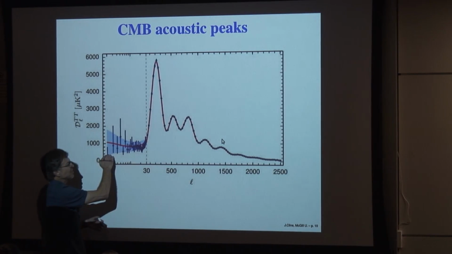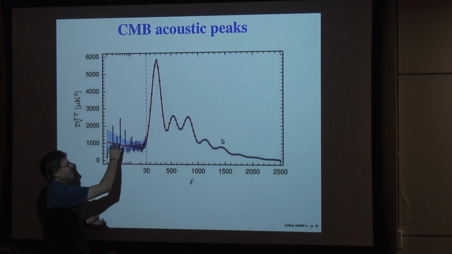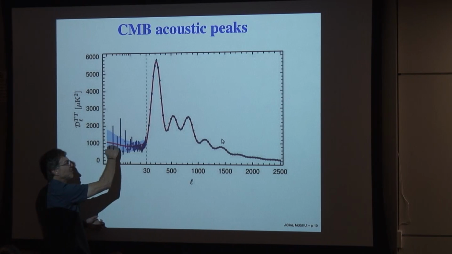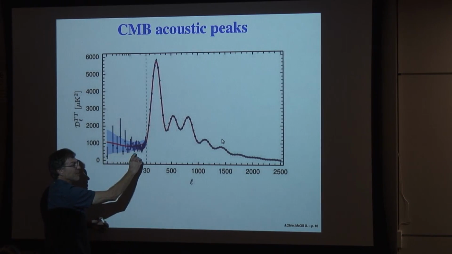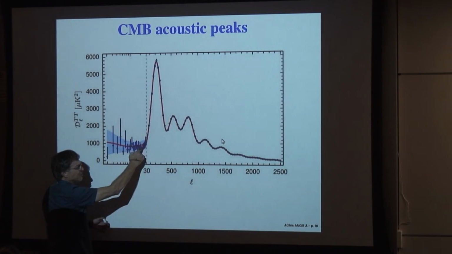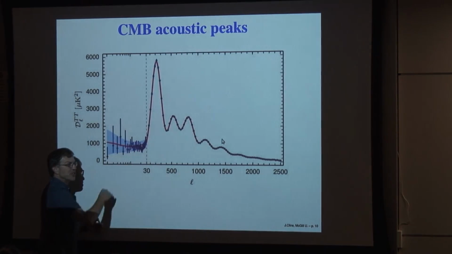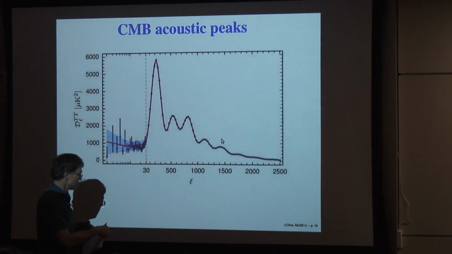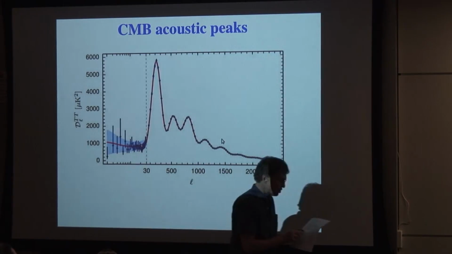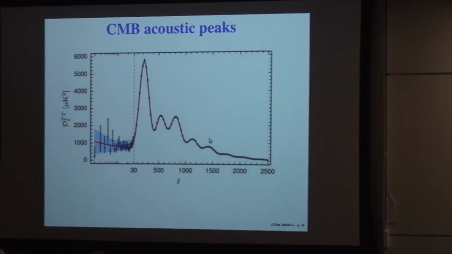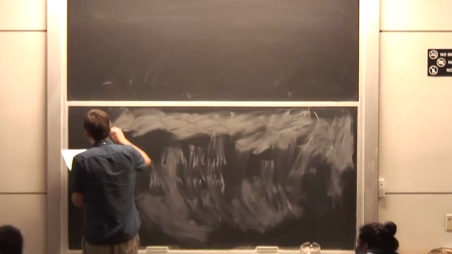So what you find is that the tensors are going to give some shift to the height of this if they're significant, but then they're dying off here, so it's only this region that's being affected. But it's calculable, and that gives you a constraint on the tensor power spectrum.